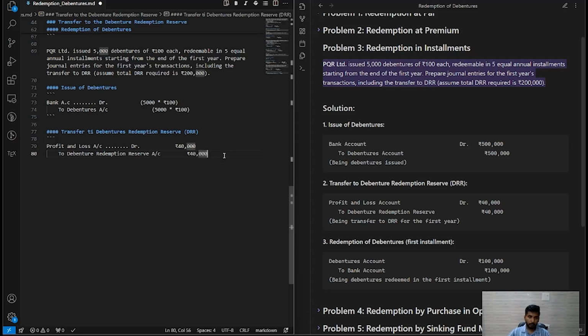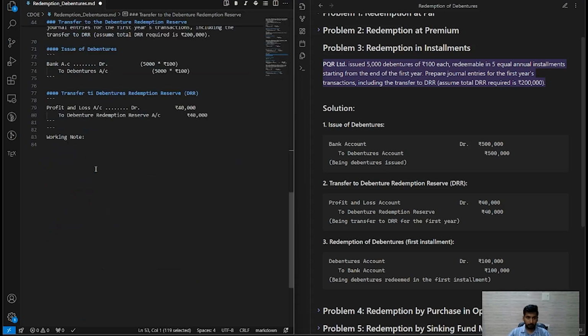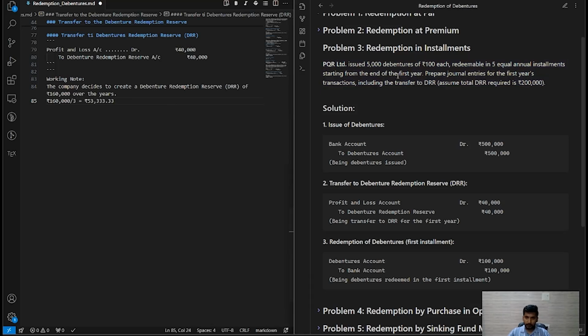How is the amount of the DRR to be calculated? Let us go through it once again. Working note: it decides to create the DRR of rupees 2 lakhs over how many years? 5 years.